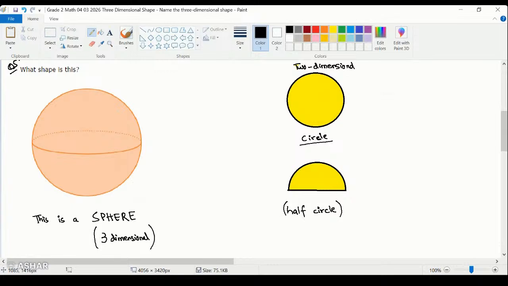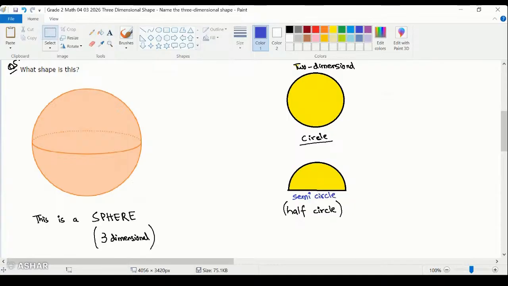Can we say we have a half circle? Do we agree? The name of this shape is also known as semicircle.